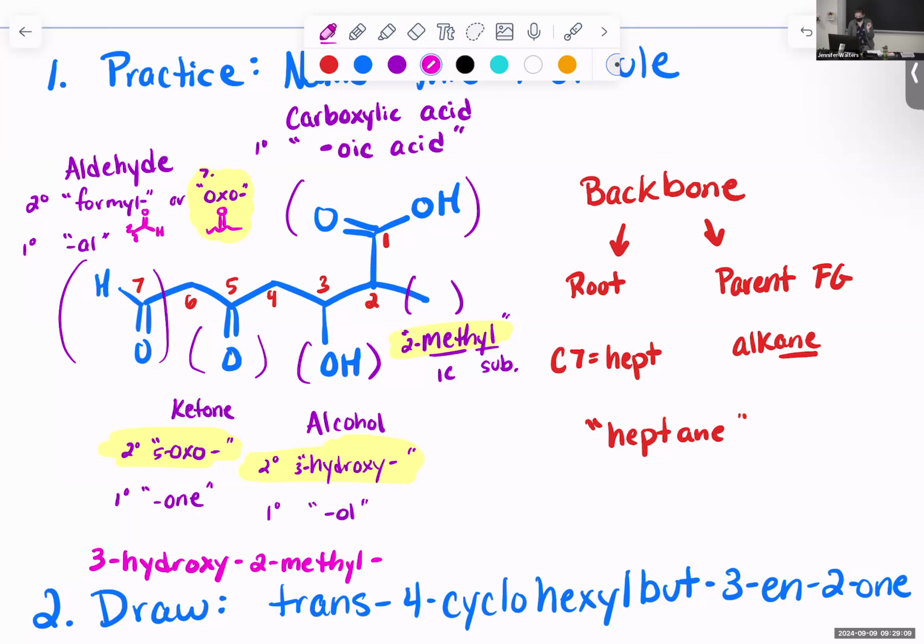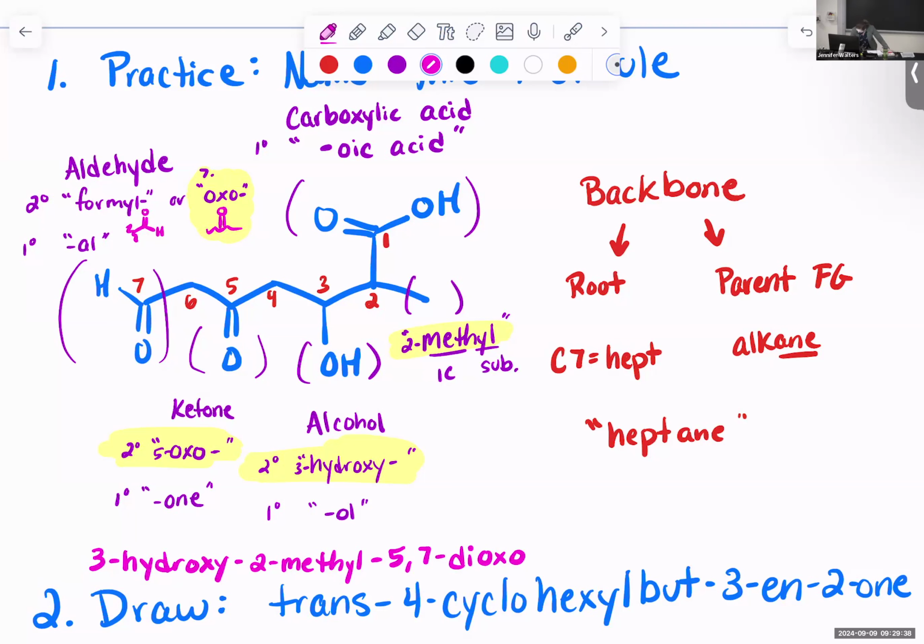So we get 5,7, because you always have a comma to separate your numbers from each other. And then it becomes a dioxo. The di tells me that I have 2 of them. I have 2 carbon-oxygen double bonds, is what it's telling me. I still do it alphabetically off the O of oxo, not the D of di. So that gives me the 5,7-dioxo.